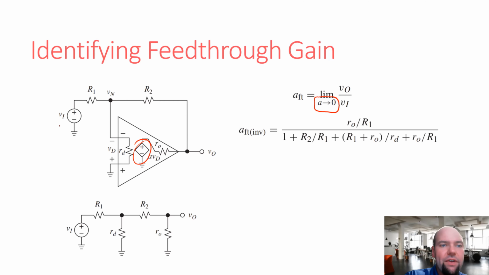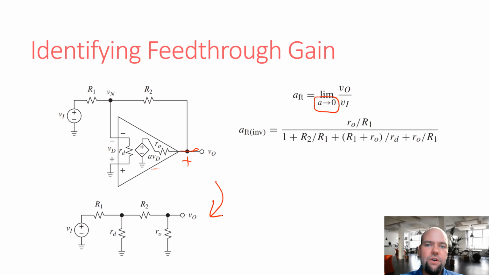In this case, our input voltage passes through resistor R1, and then we have RD in parallel with a series combination of R2 and R out. And V out is the voltage across this R output. So we can remodel this using the circuit shown here.